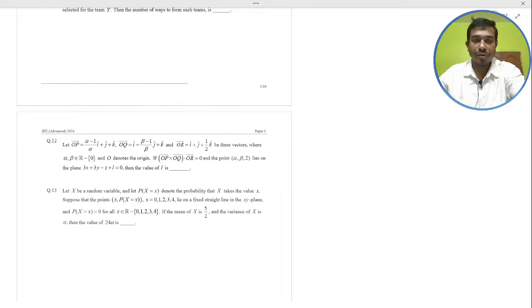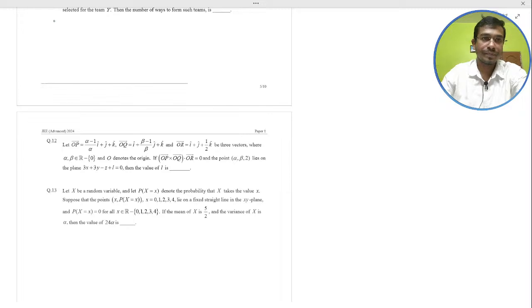If (OP × OQ) · OR = 0 and the point (α, β, 2) lies on the plane 3x + 3y - z + L = 0, then what is the value of L?